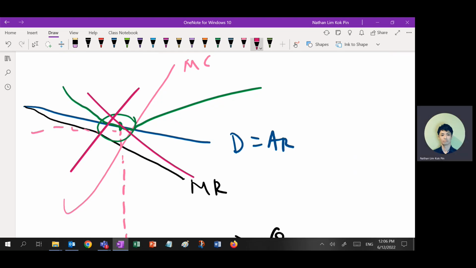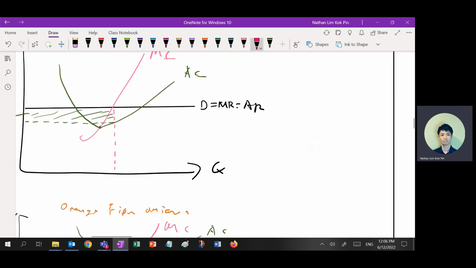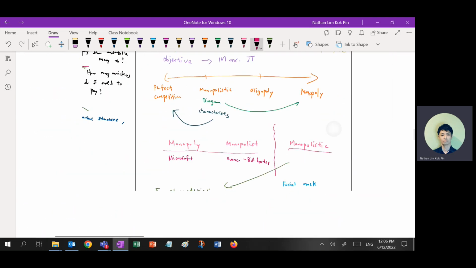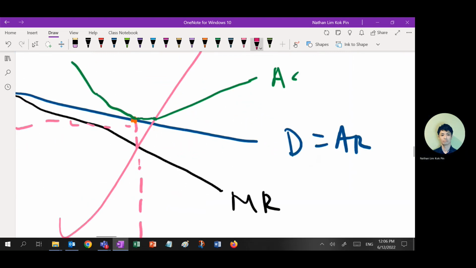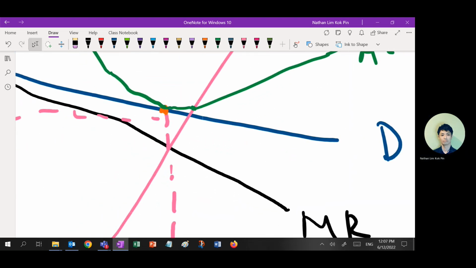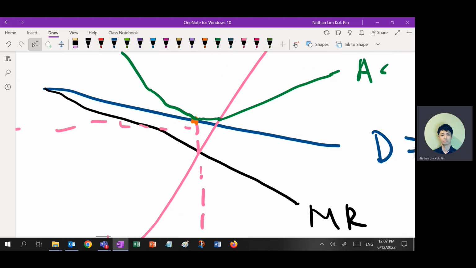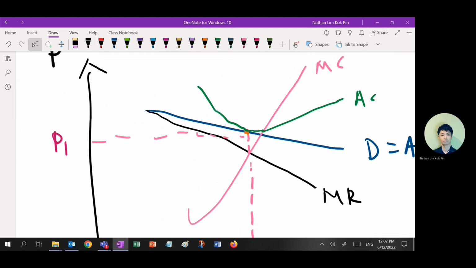This is overlapping. Tangent must have some space. And this space, although it's very small, you can still see there's a very small triangle there. Can you see a small triangle there, the space? That's tangent. Normal profit is the hardest to draw out of them.